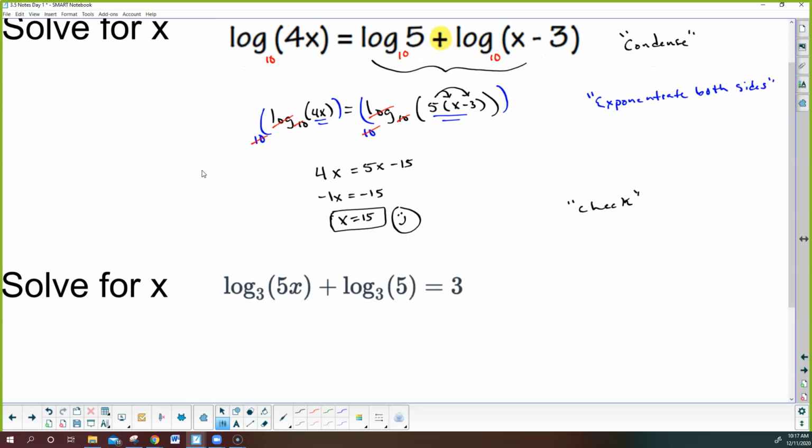All right, let's look at the next one. You can see we've got log base 3 plus log base 3. Both of the bases are the same, which is key. And then I have to use my condense part first. I want both of these logs to be written as one expression, and then it turns into the same problem we just did on the last slide. So condense first.